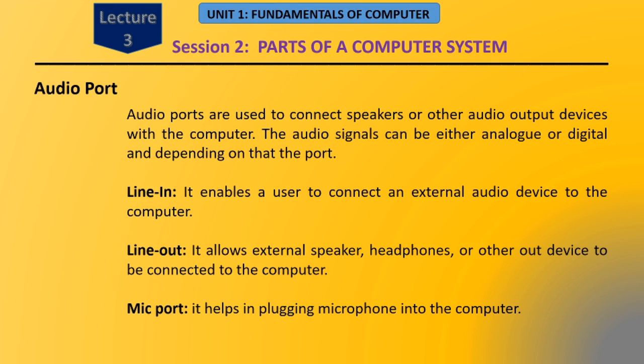It enables a user to connect an external audio device to a computer. Second type is line out. It allows external speakers, headphones or other output devices to be connected to the computer. Third type is mic port. It helps in plugging a microphone into the computer.